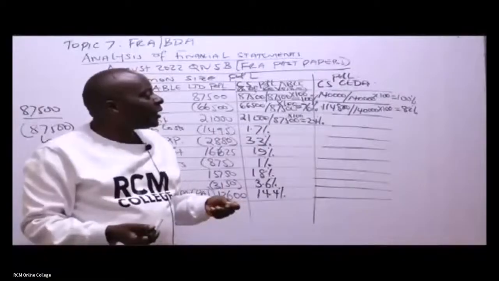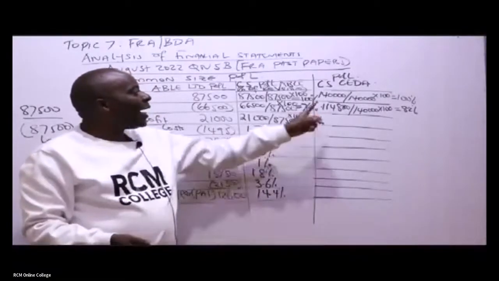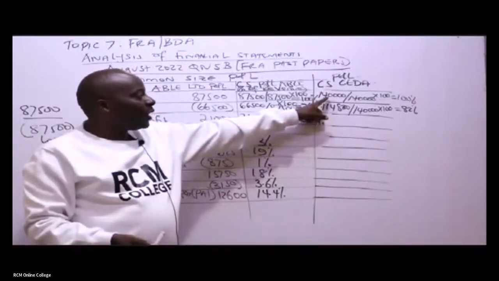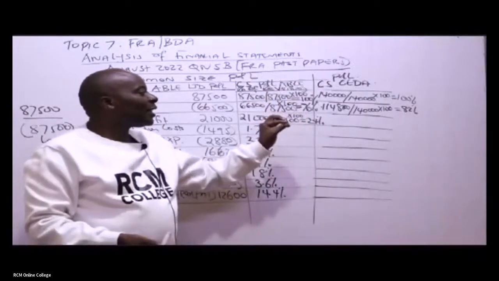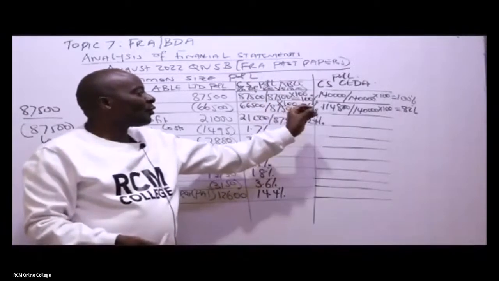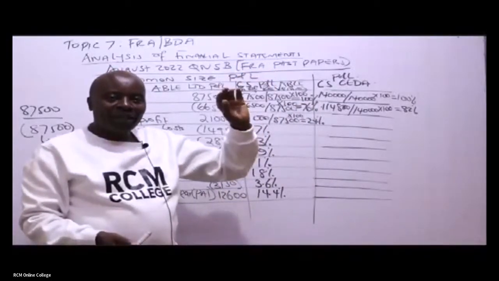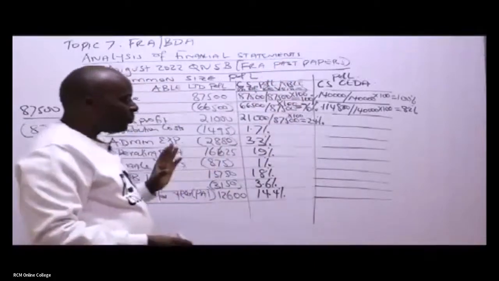And I'm able to see that the increase in the cost of sales for CEDA is attributable to a higher revenue. Because you can see revenue here for CEDA is 140,000. This one is 87,500. So you can't say that simply because cost of sales of CEDA is higher, that we are doing badly. No. Also, the revenue is quite high, but you should be able to look at that as we progress.